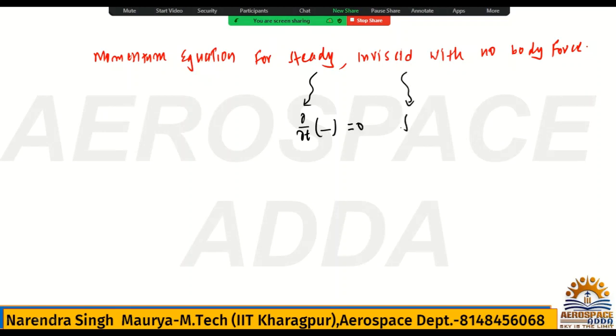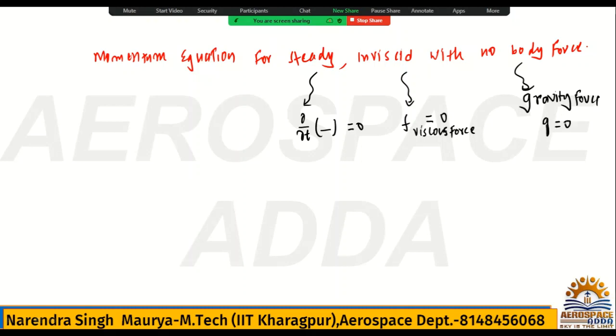Inviscid means what? Viscous force F will be zero. No body force means what? What is the body force? Gravity force. So that gravitational acceleration will be zero.